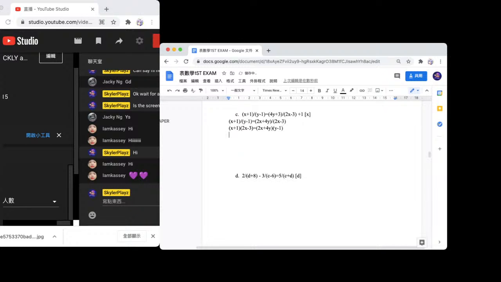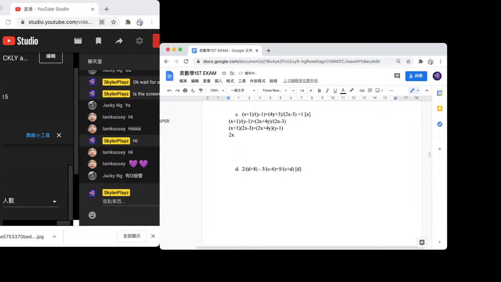After we simplify the fraction, we can get 2x squared. Okay. Is that okay? Okay. So this is okay now, and we continue.